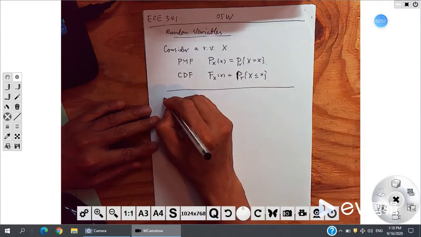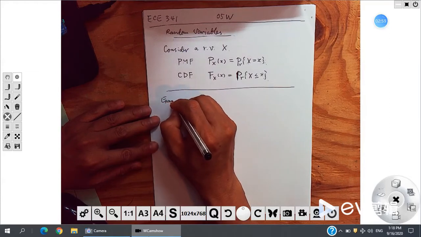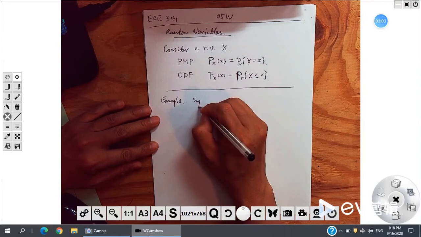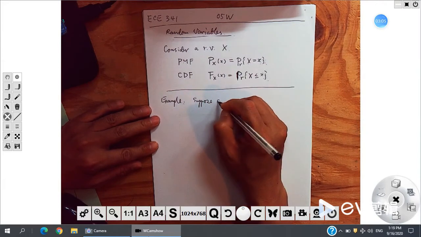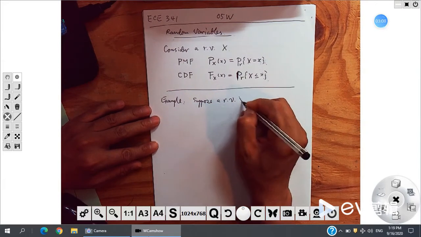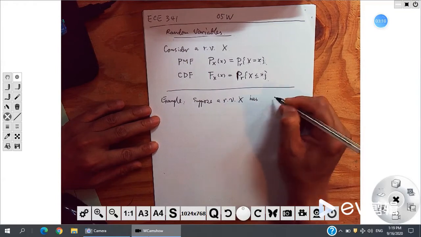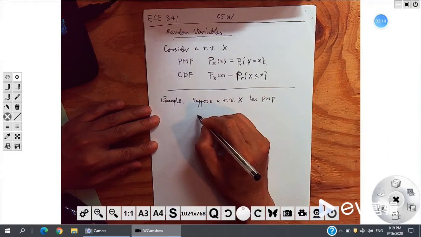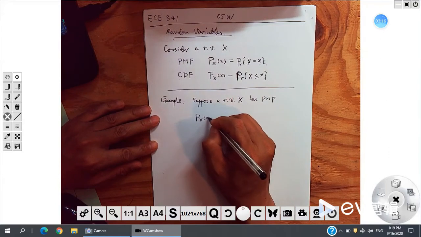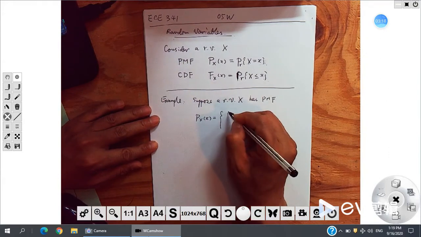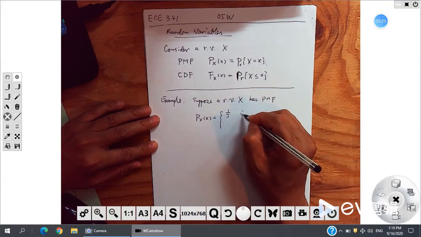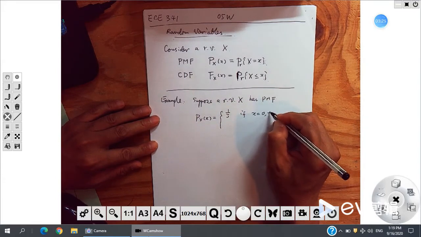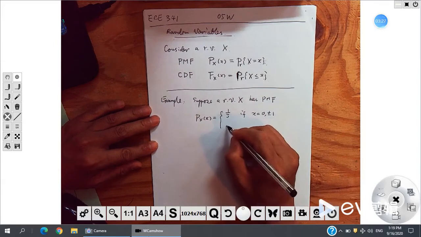Consider an example. Suppose a random variable X has a PMF like this one: P_X(x) equals 1/3 if x equals 0, positive 1, or negative 1, and 0 otherwise.